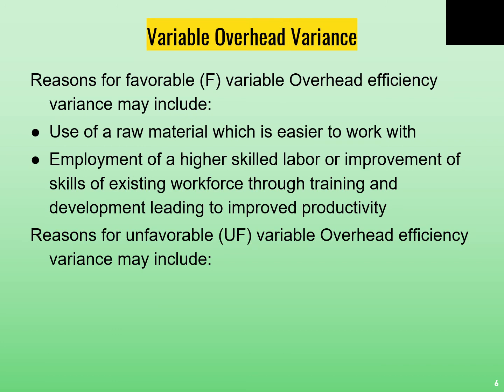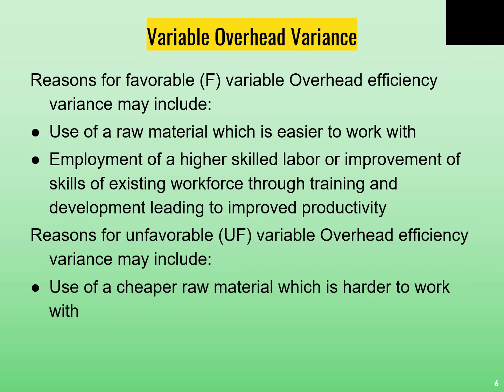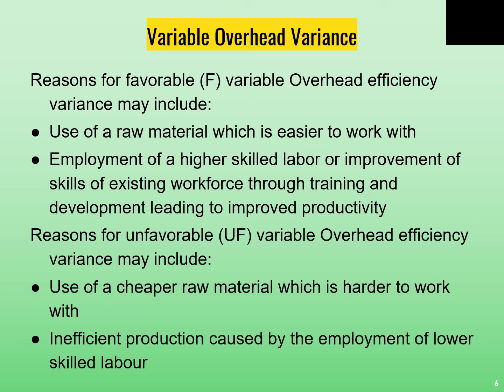Otherwise, reasons for unfavorable variable overhead efficiency variance may include use of a cheaper raw material, which is harder to work with, inefficient production costs by the employment of lower skilled labor.